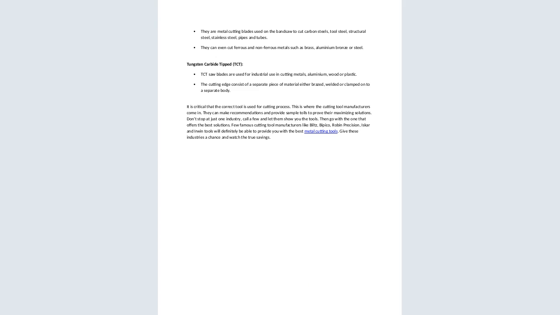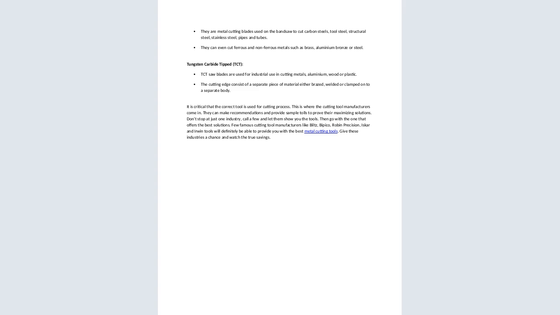Tungsten carbide tipped saw blades are used for industrial use in cutting metals, aluminum, wood, or plastics. So the cutting edge consists of a separate piece of material, either brazed, welded, or clamped. So those are the types of sheet metal tools.